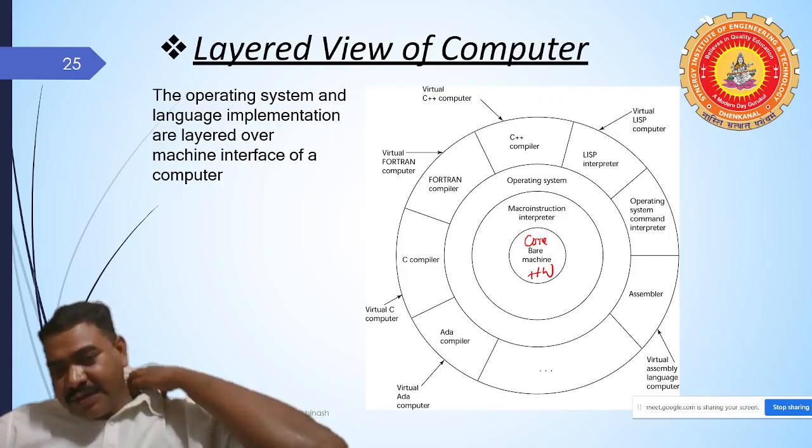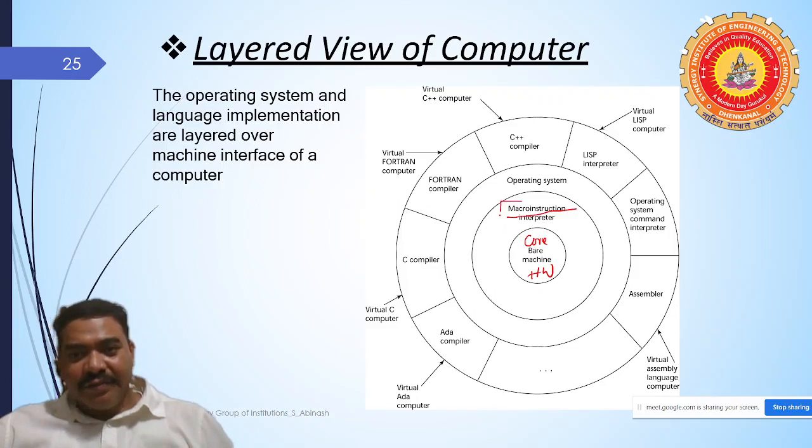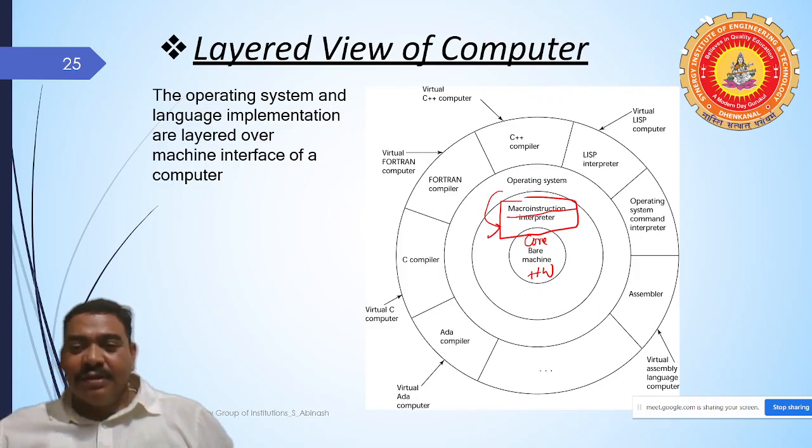This hardware is based on the micro instruction set, or interpreter. The operating system is based on this micro instruction set and works just above the core hardware. The operating system provides all the resources. You know what services are provided by the operating system.